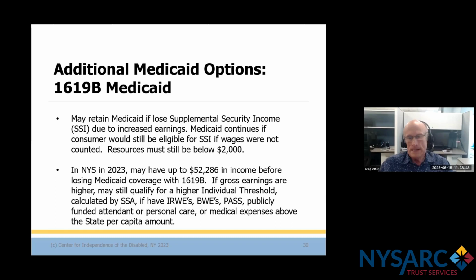In New York, somebody can automatically have up to $52,286 before they lose Medicaid, as long as they're eligible for SSI in every other way, including resources less than 2,000. Well, if somebody goes to work, maybe their resources are going to accumulate. So there's a process to get the case converted to MBI WPD, and that's why I mentioned that.